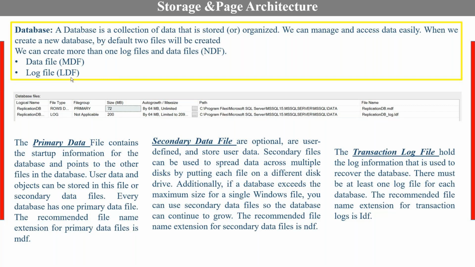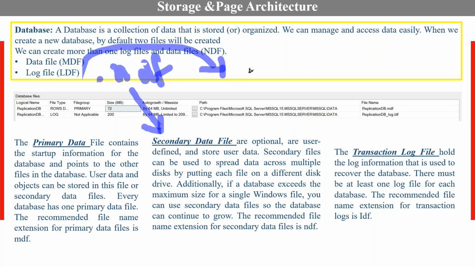So you can also create .ndf files. You should call it a secondary data file. Sir, for example, you can't keep everything in a single file, right? It will impact the performance. For example, today your database size is 100 GB.